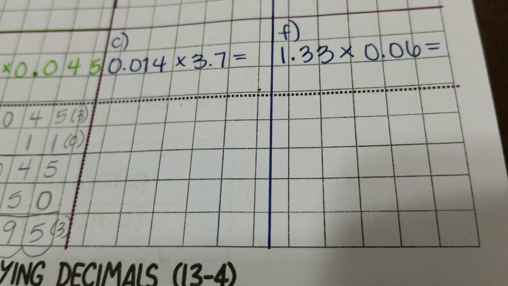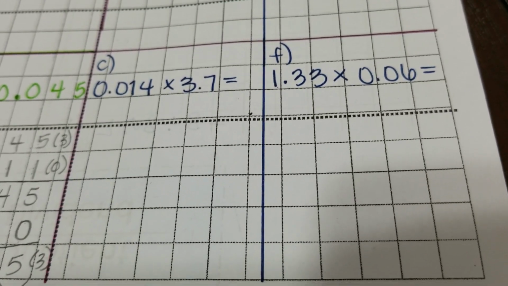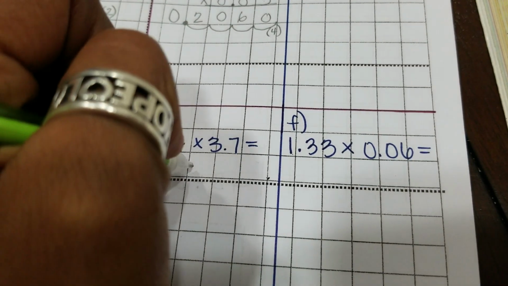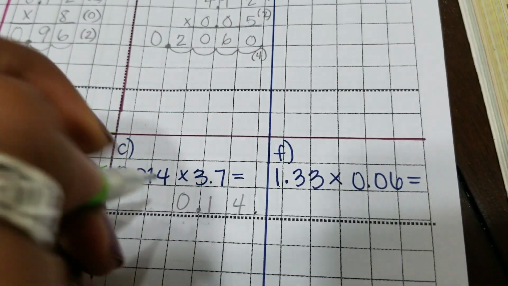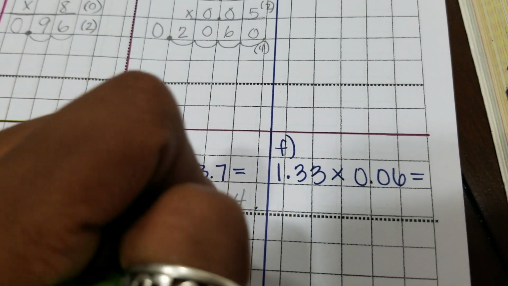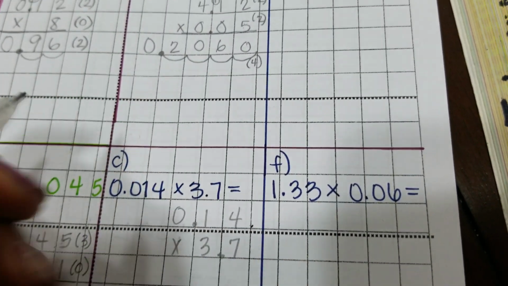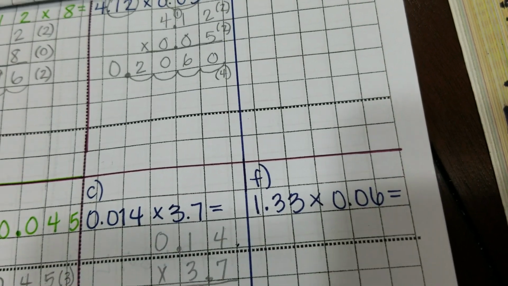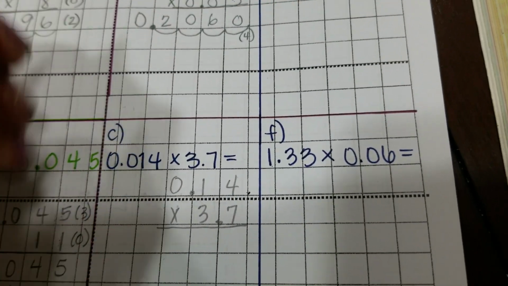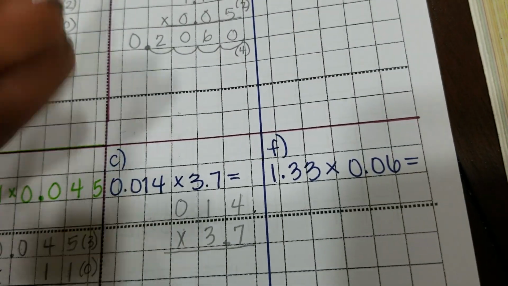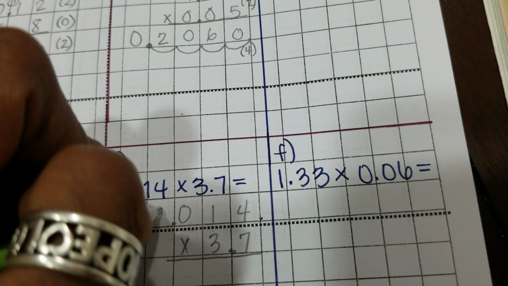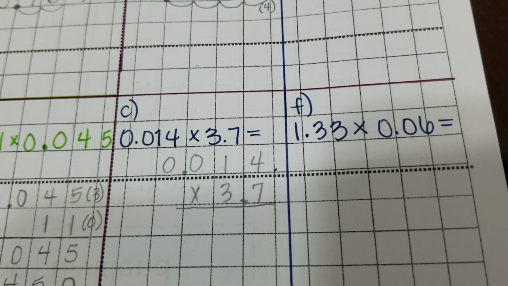Question C, 0.14 times 3.7. We'll start with the 0.14 times 3.7. If we're counting decimal places, oops, I wrote this one wrong. 0.014.